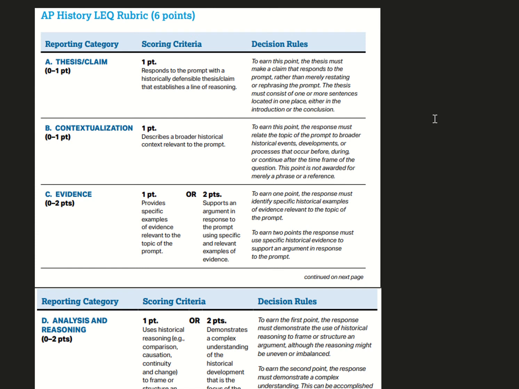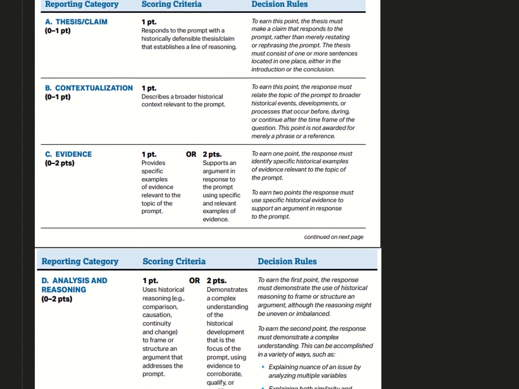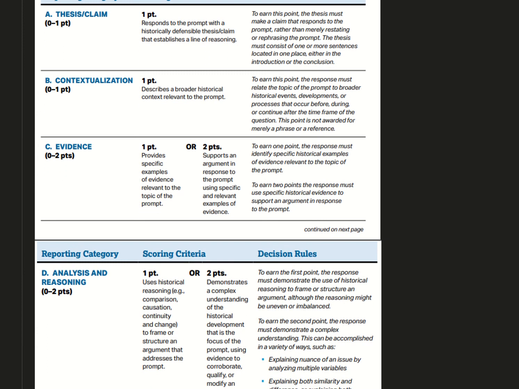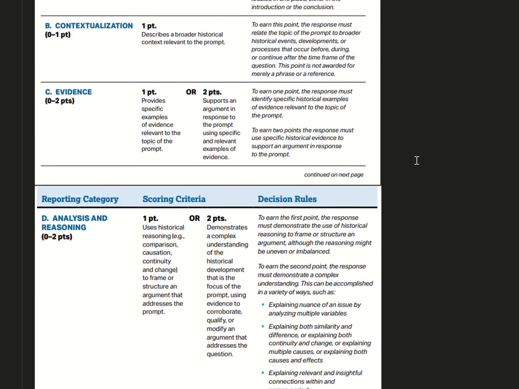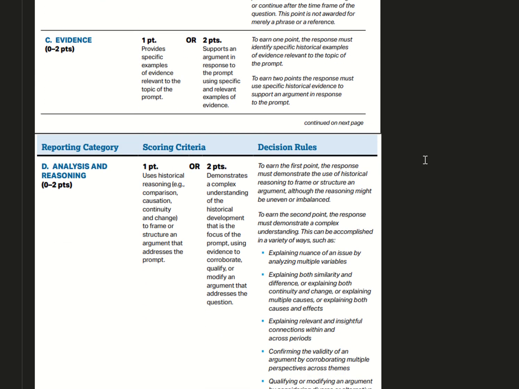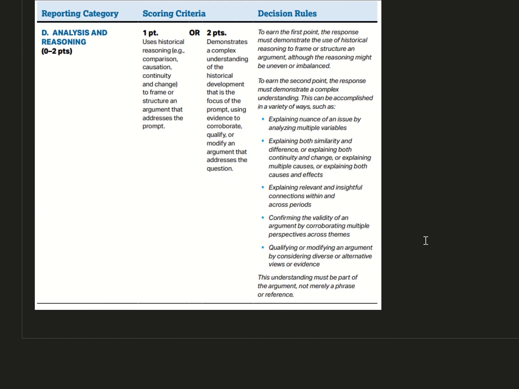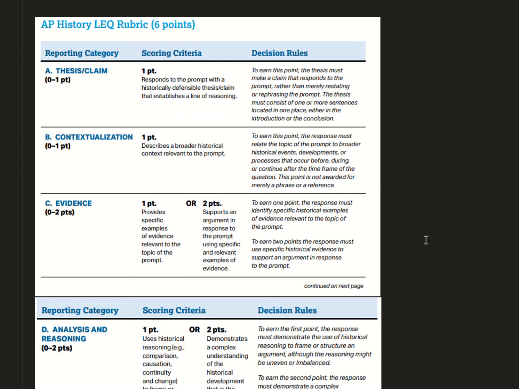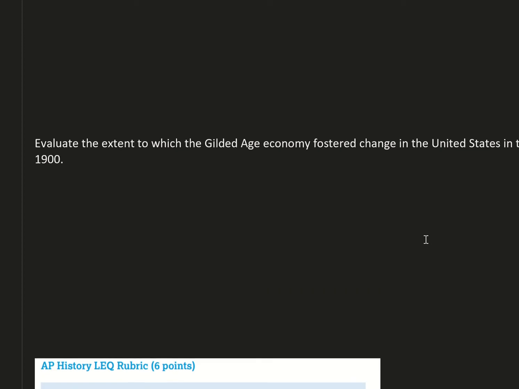And like our thesis, although some people like mint chocolate chip ice cream better, chocolate chip cookie dough is the best because of X, Y, and Z. Then your analysis and reasoning, you're looking at comparison, causation, continuity, and change, and you are answering the prompt and going into more detail with that, looking at nuances, looking at similarities and differences, and so on. So those are our 4 areas to earn our 6 points.